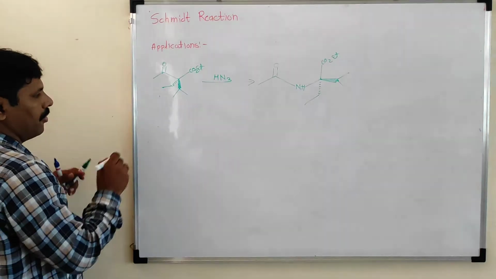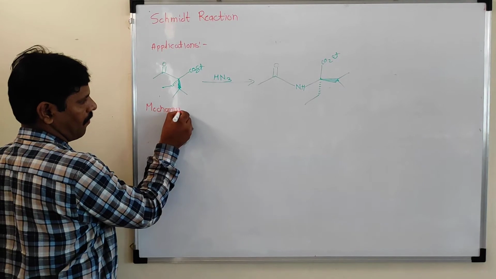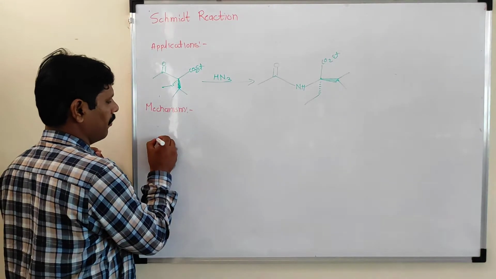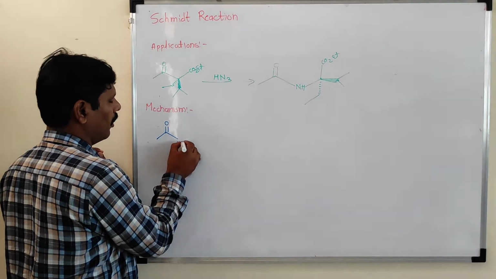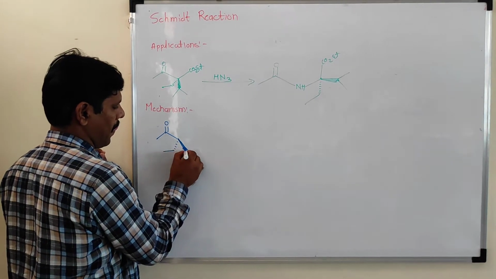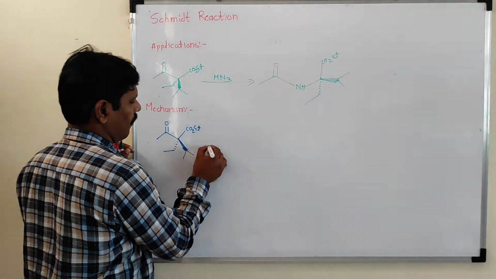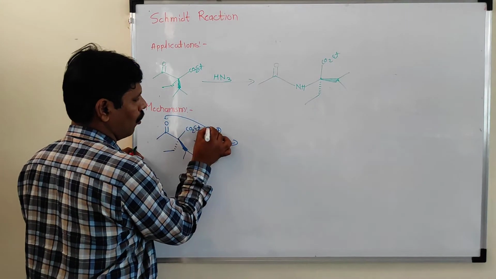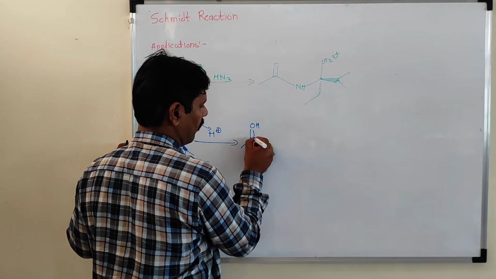What is the mechanism of this reaction? Again, the same mechanism is applied for that conversion. That one is the ketone, which contains a chiral carbon atom. Under acidic condition, it undergoes protonation, gets converted into protonated form.